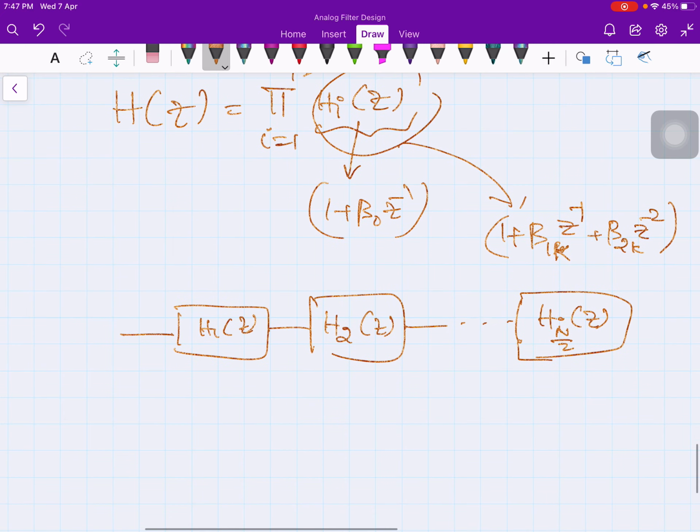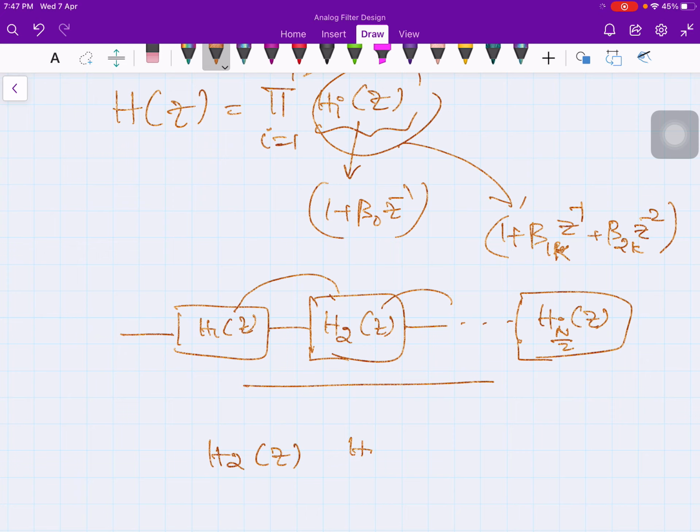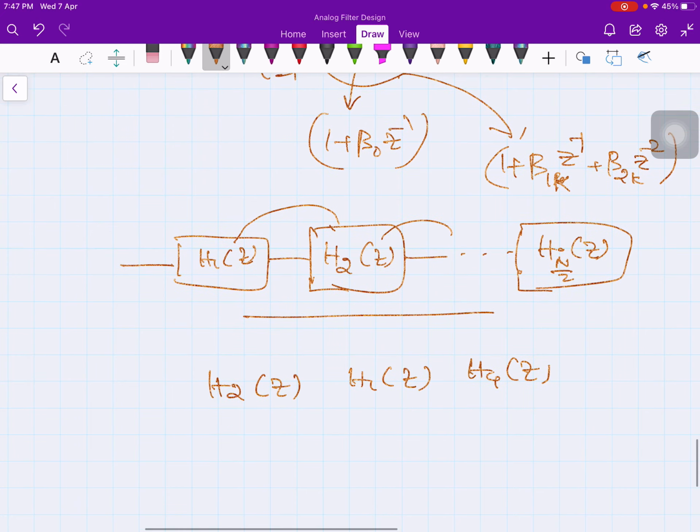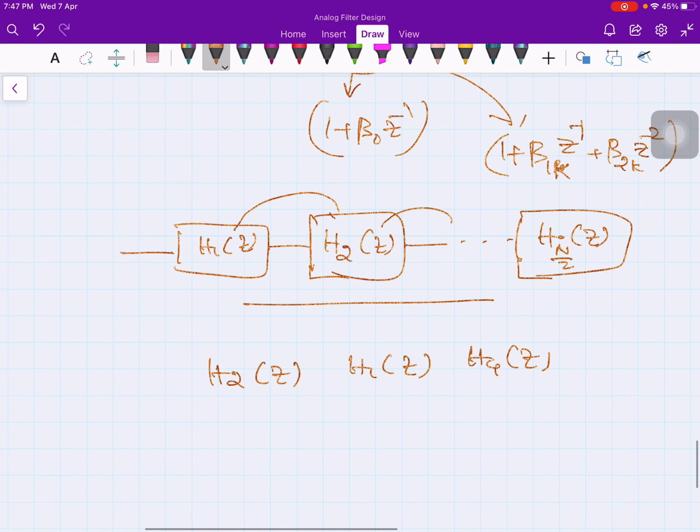And there is no rule you should follow in this order, first H1 of z, then H2, then H3, like that. Whichever way you like, you can put it. First you can put H2 of z, and then H1 of z, and then H4 of z, as you like. So you can interchange in cascading. The order of cascading is not important as far as the total transfer function is concerned, because they are multiplications, right?